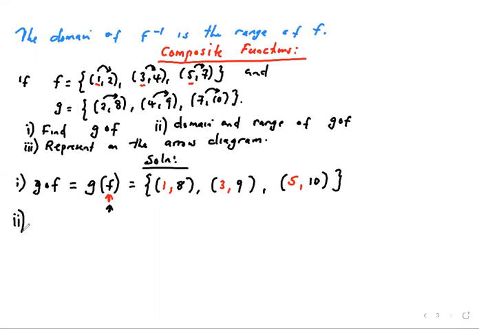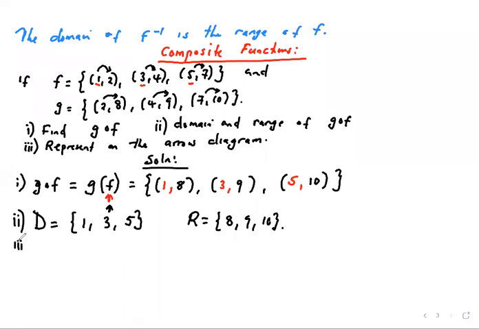The second piece, find the domain and the range. Now, after you get it like this, what is the domain? We say the first entries form the domain, and the second entries form the range.